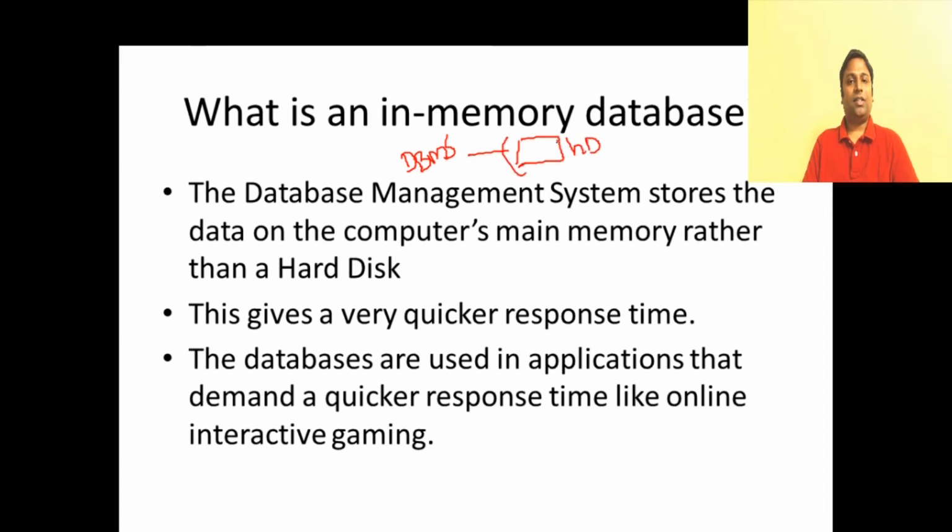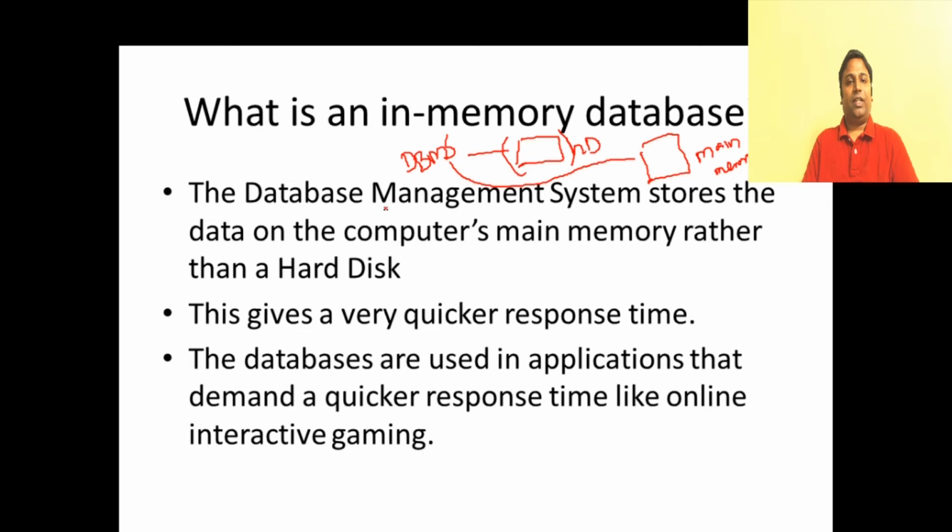When you talk about an in-memory database management system, the DBMS actually stores the data in the main memory. So the entire data resides in the main memory. That is the basic difference.